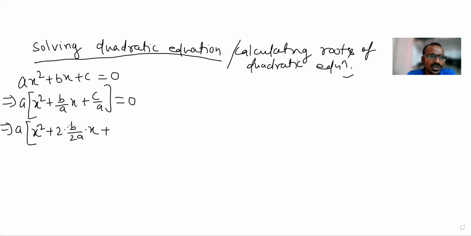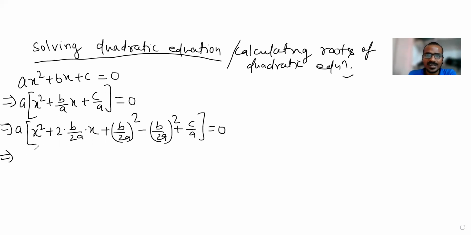So I am going to add the square of this, b by 2a to the whole square. And because I am adding an extra thing, I have to subtract that thing so that the equation remains the same. Now I am going to write c by a at the end. Are you understanding this technique? This technique is very beautiful. This can be applied for every quadratic equation when we are going to solve.